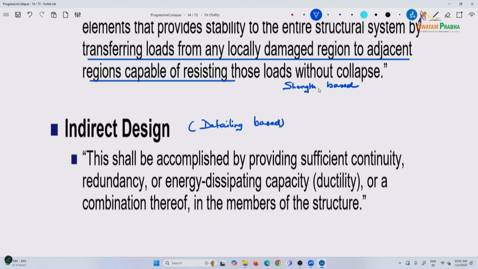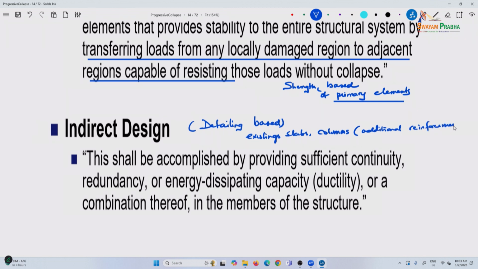So, direct design is the strength of the primary elements, whereas detailing is where you are detailing existing elements, existing slabs, columns, etc., or maybe with some additional reinforcement that is not designed, but designed for just specified loads.